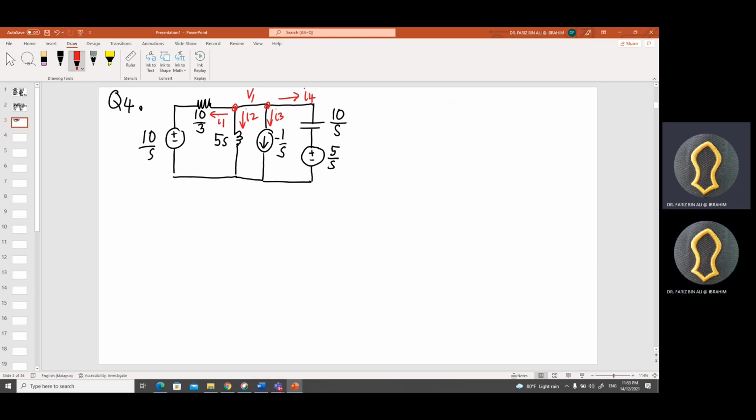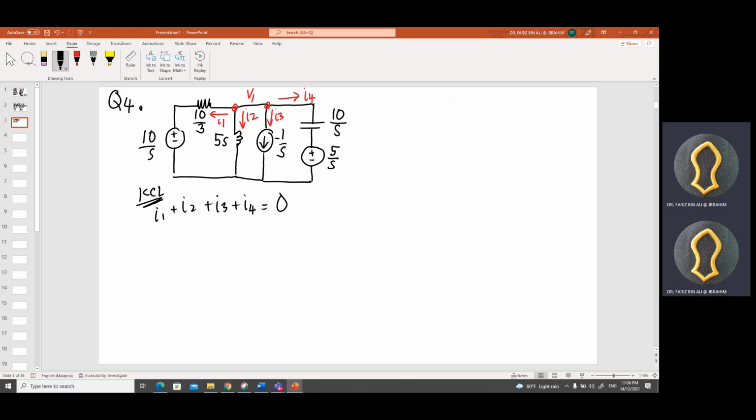Right. So applying the KCL, Kirchhoff's current law. Everybody knows current in equals current out. So there is no current in, everything is current out. So I1 plus I2 plus I3 plus I4 equals the current in, which is 0. All right. So what is your I1?